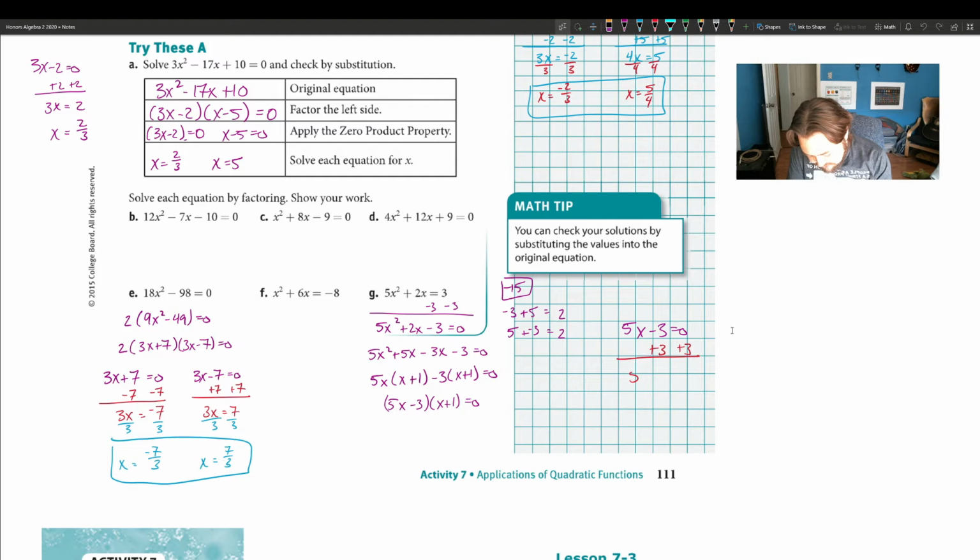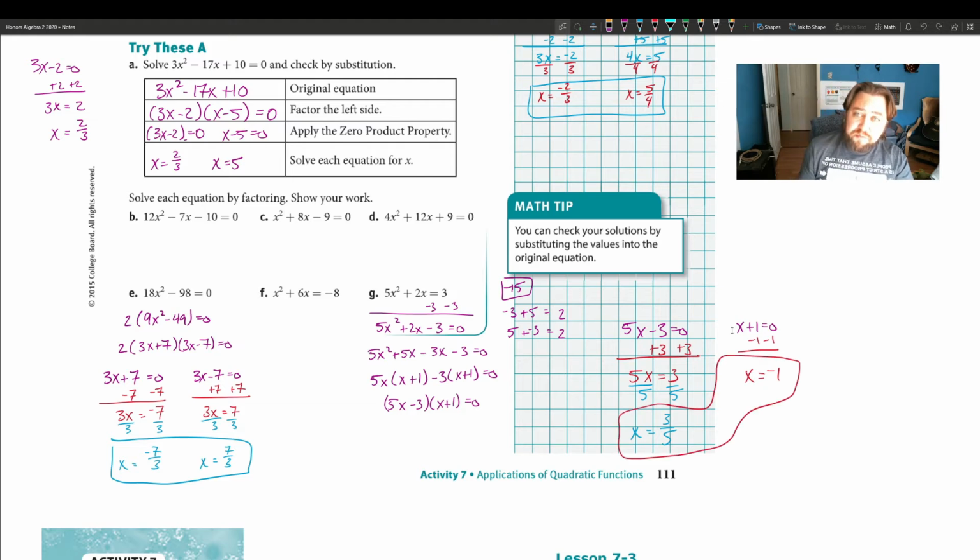Divide by our coefficient 5. And we get that x equals 3/5. So there's one of our answers. Our other one was x plus 1. x plus 1 equals 0. That's really easy. We just subtract the 1. And we get that x equals negative 1. So this would be our solution set.